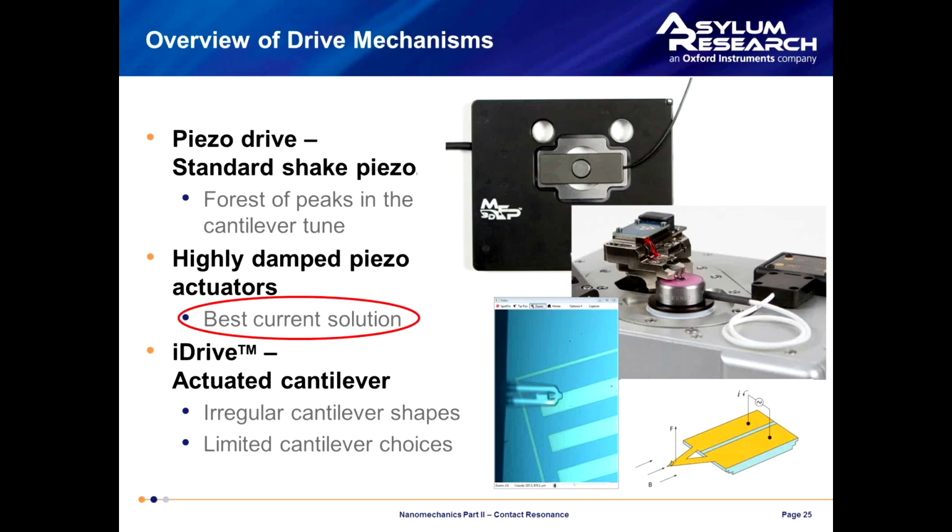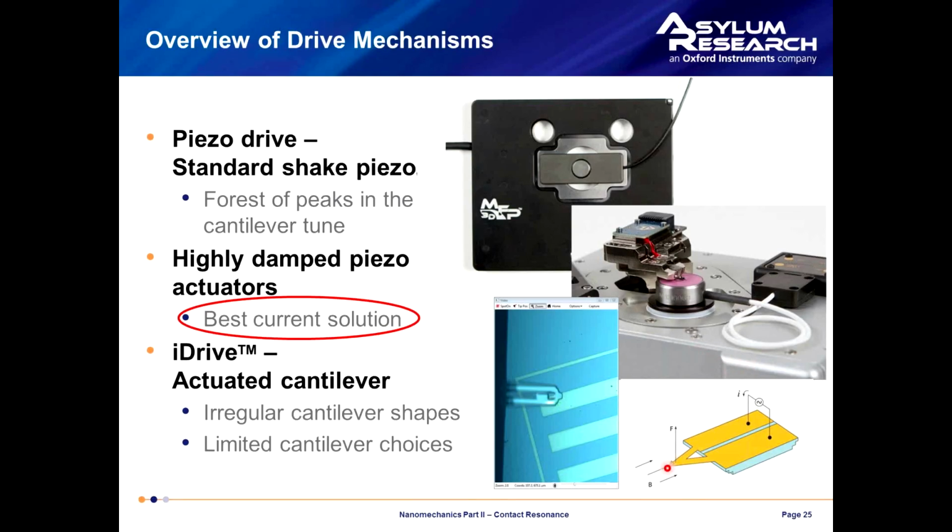You can also use things like iDrive, which is a magnetic technique where I've shown it here. So you drive a current through this flexible cantilever. The cantilever has to have two legs, and if there's a magnetic field there'll be a Lorentz force that makes this cantilever oscillate up and down, and so you can actually drive the contact resonances here. This is, at first blush, a very attractive technique. It looks like you're basically delivering all the oscillation energy, the excitation to the cantilever.